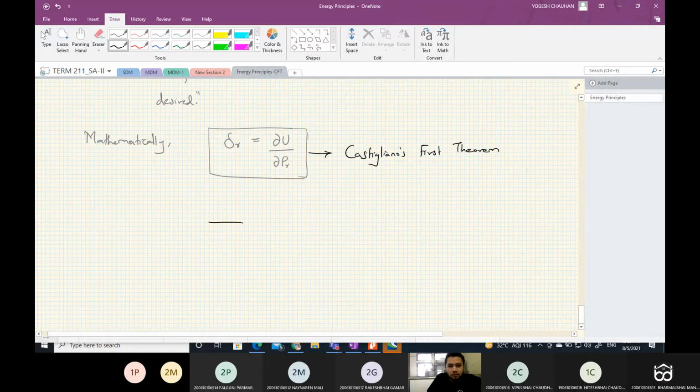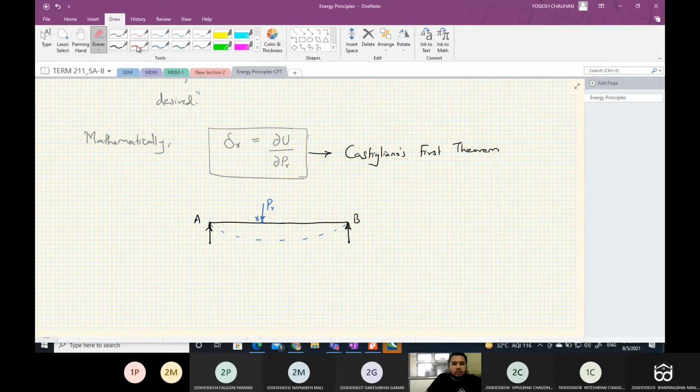Suppose you have a beam AB, which is simply supported, and let this be the deflected shape and let this be the force PR and this point be, let us say, R. So the deflection corresponding to this point R, let this be delta R. So delta R is equal to del U by del PR.